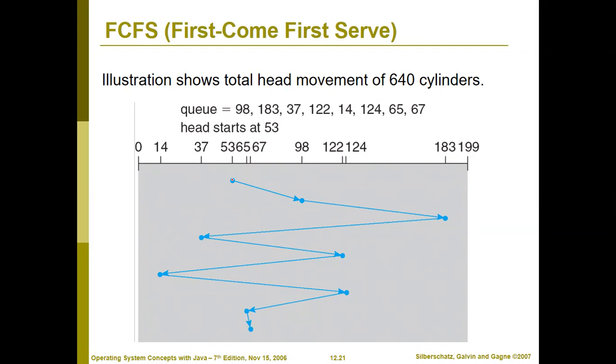Currently you are at 53. Then you are going to 98, the first value. In this order you need to move. Then you need to go to 183. After 183, you need to go to 37.